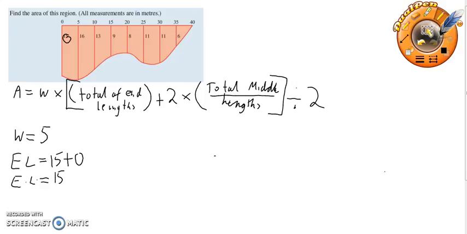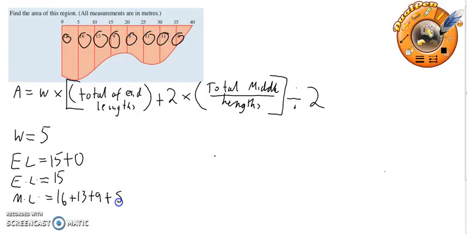Now we can look at the mid-lengths. The mid-lengths will be 16 plus 13 plus 9, keep going, plus 8 plus 11 plus 11 plus 6. We add all of them together, and our mid-length comes to 74 meters.